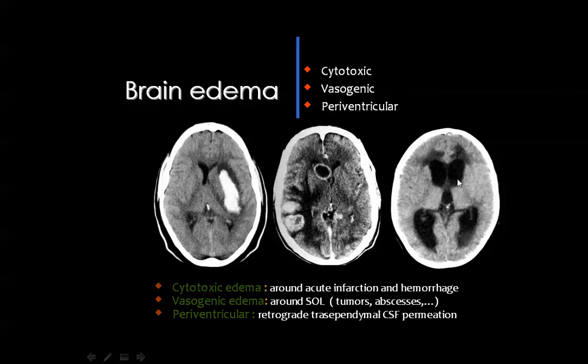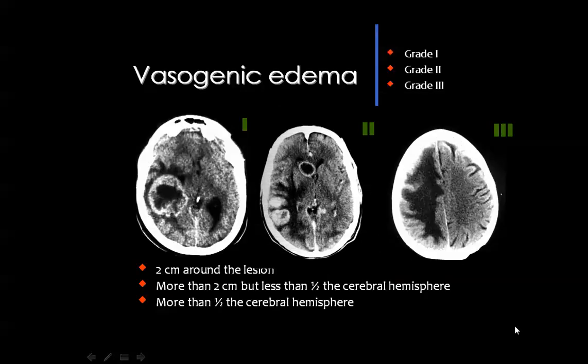The CSF will go back across the wall of the ventricle, what we call retrograde transependymal CSF permeation. And this third type of edema, which is known as periventricular edema, is seen in cases of obstruction to the CSF flow with retrograde backflow of the CSF around the ventricles, producing these hypodensities.